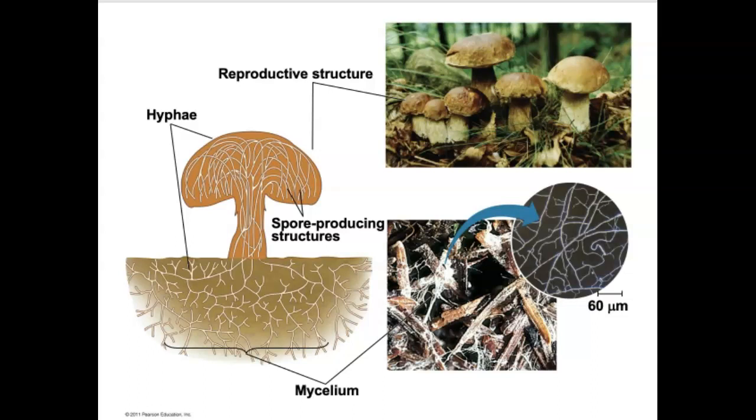If we're talking about a fungus in the soil, the mycelium tends to be underground, and then it will shoot up some of the hyphae to produce spores. The difference between each phylum really is in the spore-producing structure. It's one way we identify phyla of a fungus, by looking at the spore-producing structure. So that's going to be used during asexual reproduction.